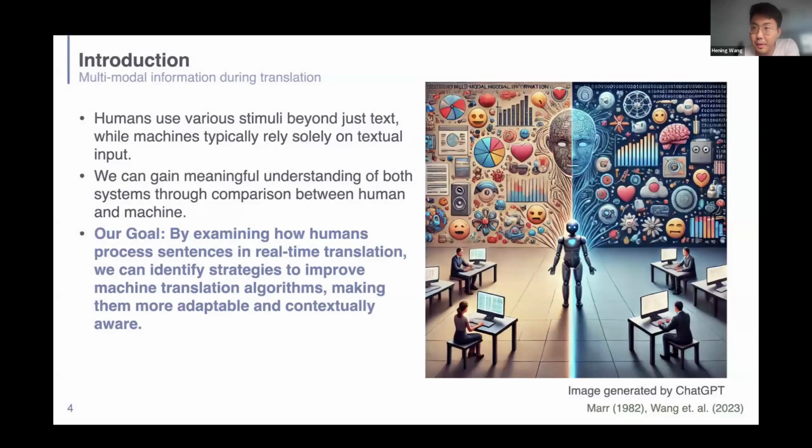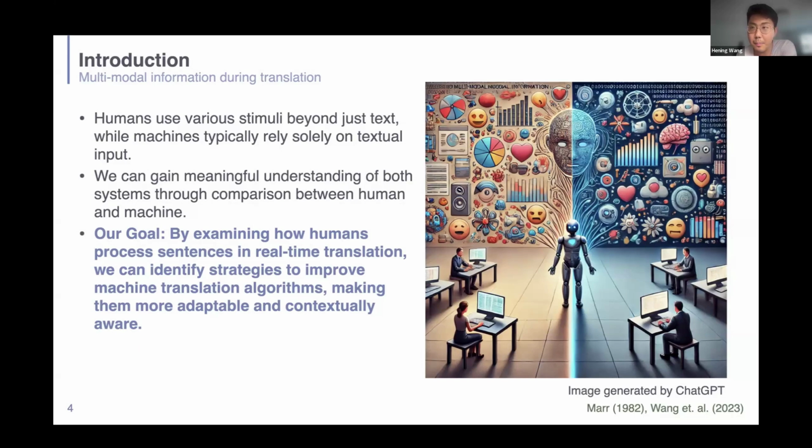So the phenomena we're looking at is the use of multimodal information during translation. Humans use various stimuli beyond just text information, while machines typically rely solely on textual input. So to tackle this problem, we thought we could approach this with a comparison from both sides.